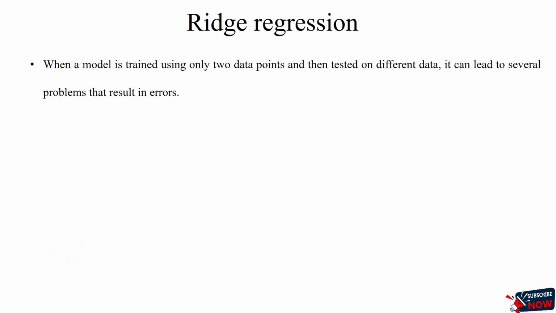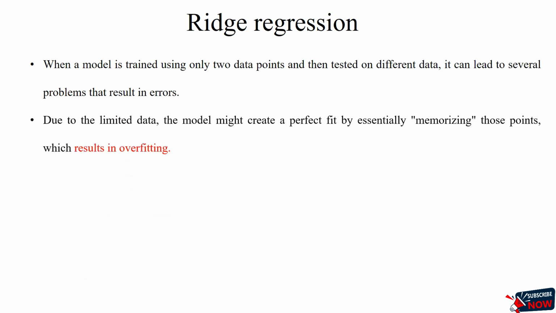When a model is trained using only 2 data points, it will lead to several problems that will result in errors. Because of the limited data, the model is going to create a perfect fit. Let us consider some data points here. Creating a perfect fit is possible, but it is going to result in overfitting.